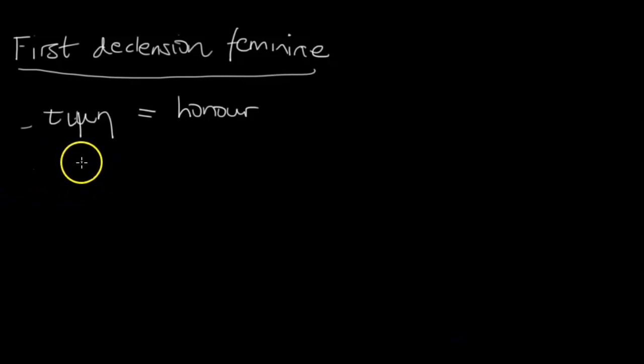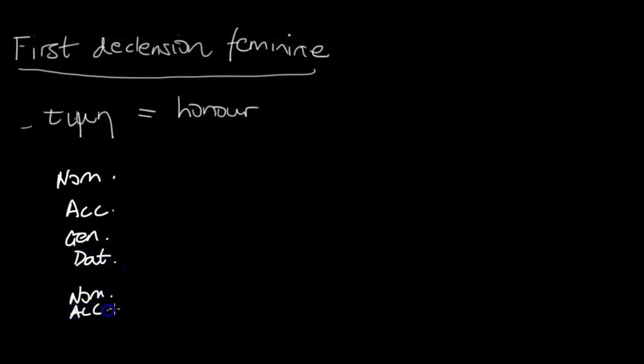So it's a feminine noun, of course. I'm just going to write out the different cases. Nominative, accusative, genitive, dative. And then for plural, nominative, accusative, genitive, dative. Okay, so here we've got singular, and here we've got plural.